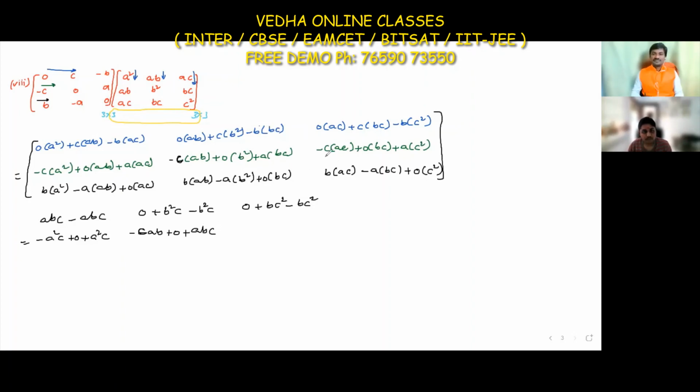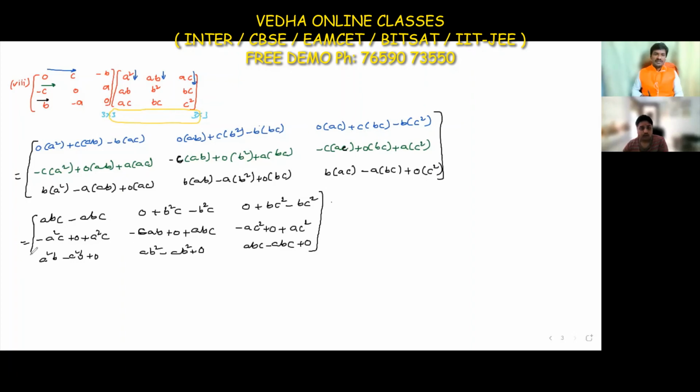Okay, so now C into AC, minus AC square minus AC square plus 0 plus AC square. Third row, last one: A square B minus A square B plus 0, minus AB square plus 0, and A into BC, ABC minus ABC plus 0 into something is 0.